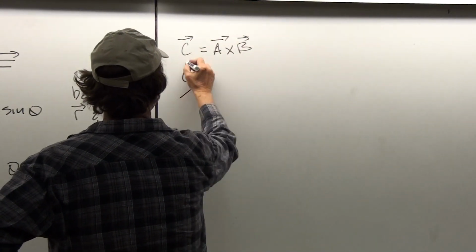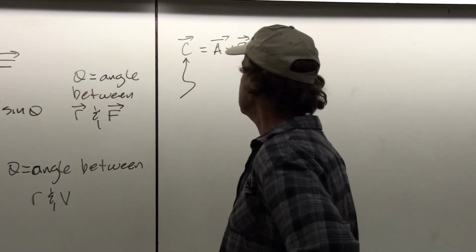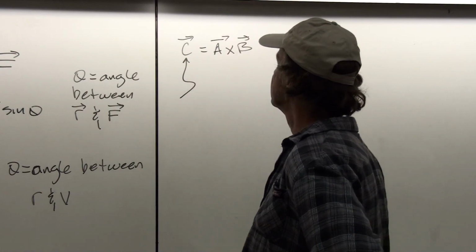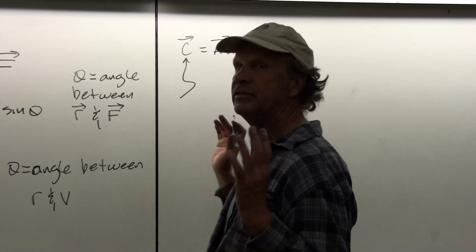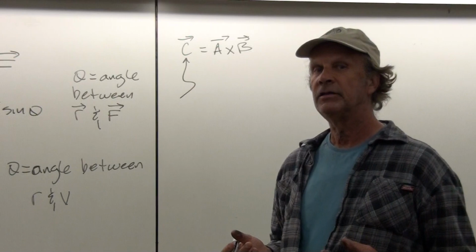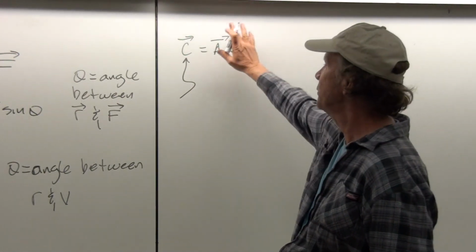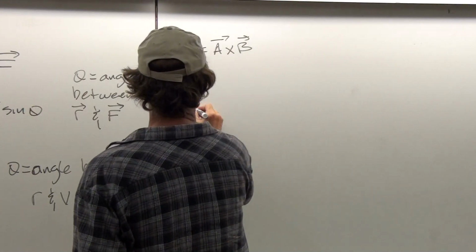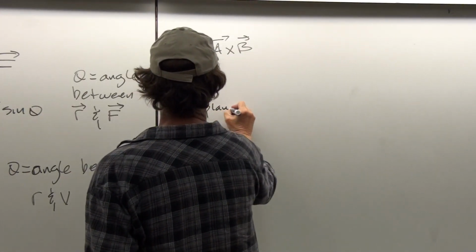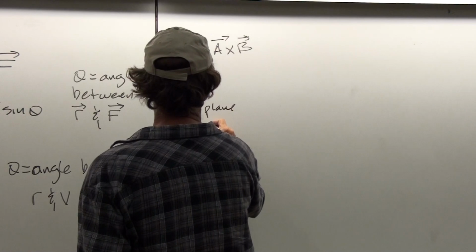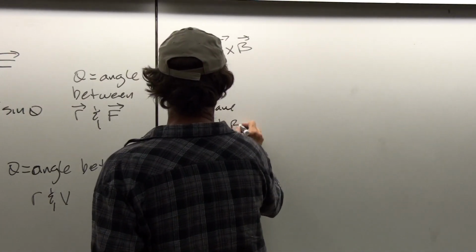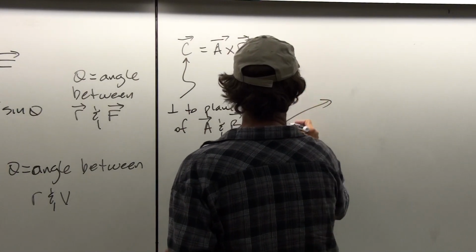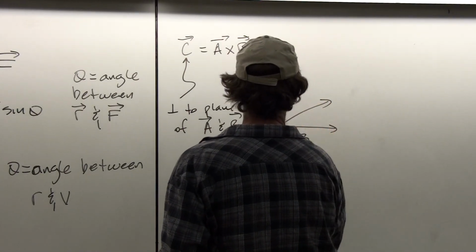Okay, so first of all, the direction of C, which is the vector cross product of two vectors, if you know nothing else and you forget everything else that I tell you, you know that it's going to be perpendicular to the plane that's defined by A and B. So if I have two vectors, let's say A and B, I'm going to need to put their tails together.